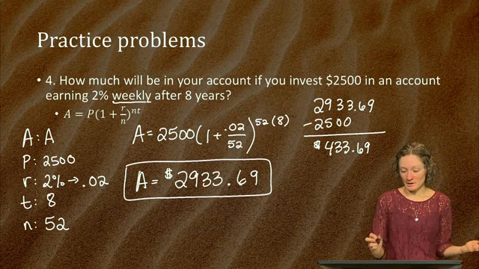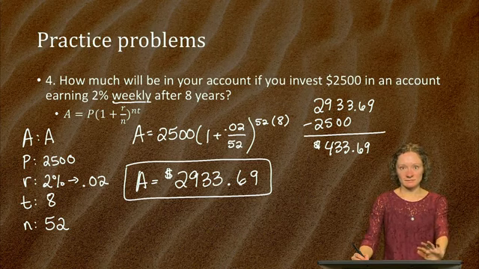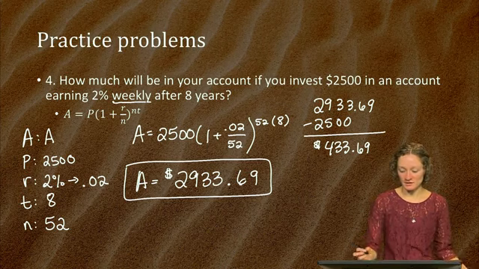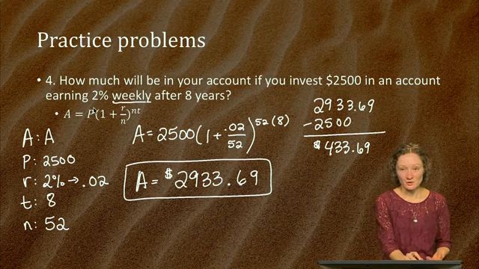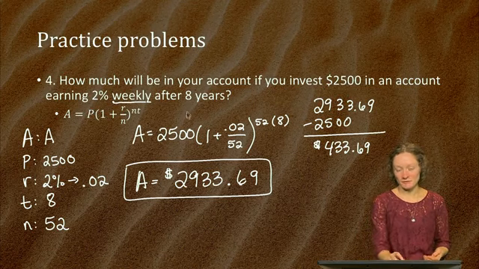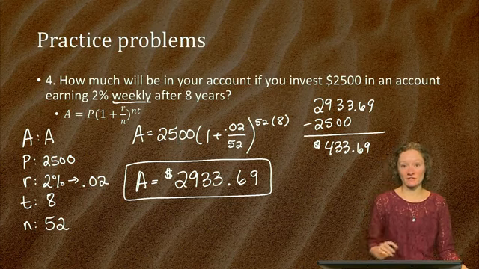And just as I kind of mentioned before, in this investment scenario, this means by just having the money sit there, you earned $433. On the flip side, if your loan was for $2,500 with 2% being compounded weekly for 8 years, you'd be paying an additional $433 just for having the loan.